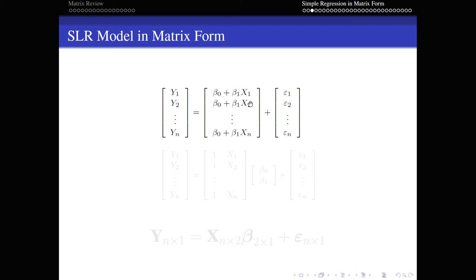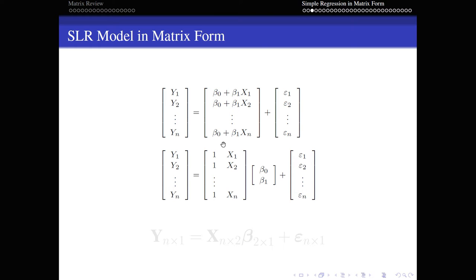Now, one of the things that we can do is, because the beta 0 and beta 1 are constant here, we can remove them and write this as a vector of 1s and a matrix with the first column being 1s and the second column being the x's.